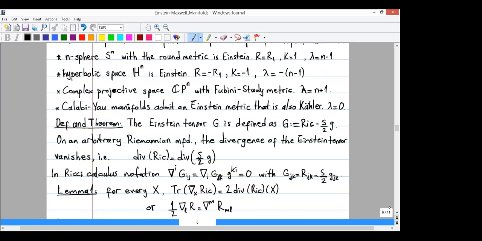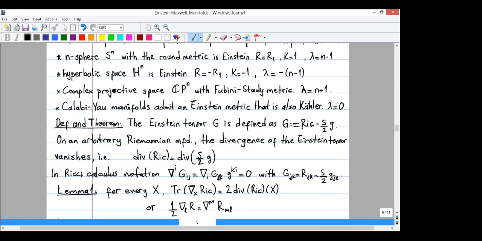Now let's also give this definition and the theorem. The Einstein tensor G, as we have given before, is defined as the Ricci tensor minus S over 2 times g, where S is actually R according to our notation, meaning the scalar curvature.